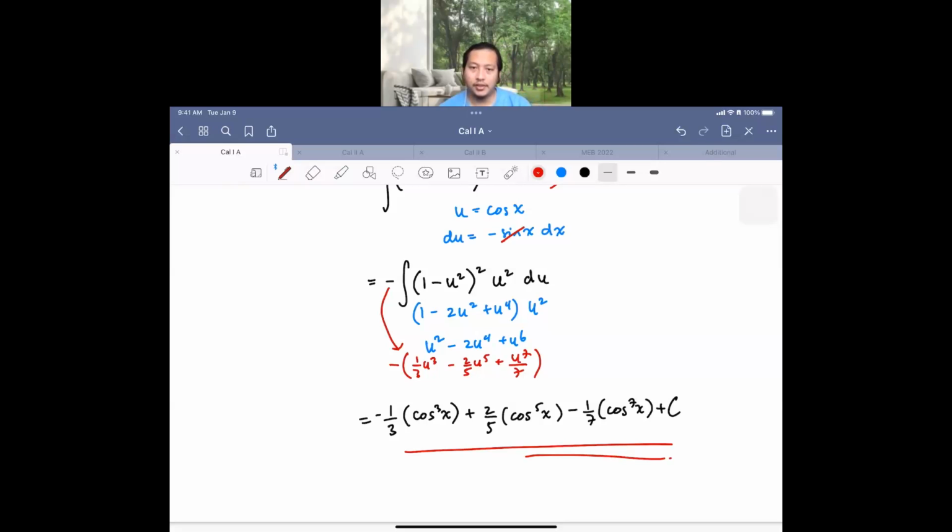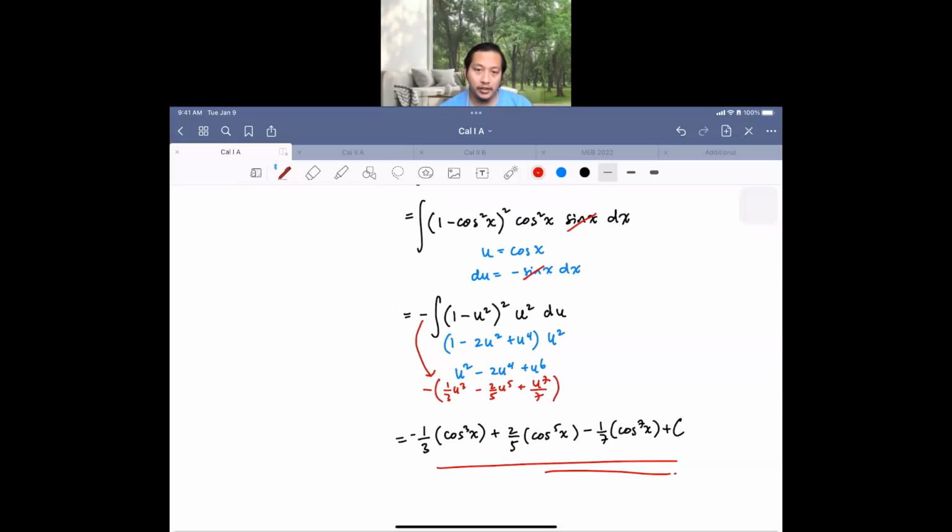Okay, so this happens when you have odd and even powers for sine and cosine.